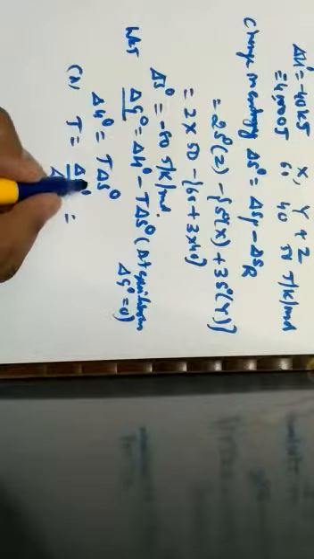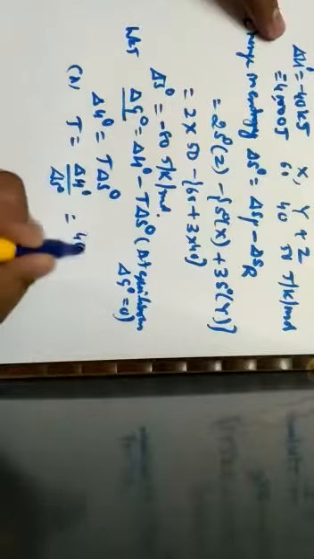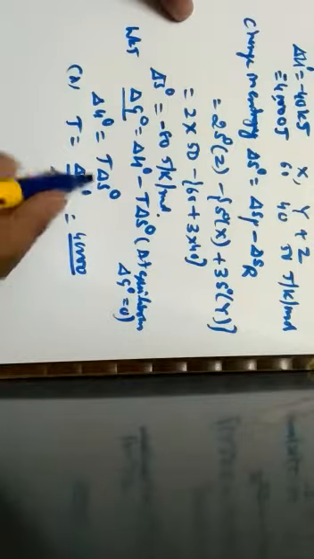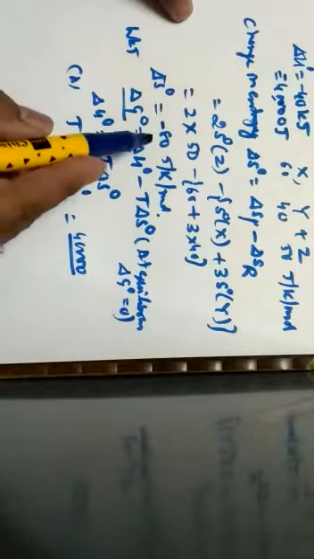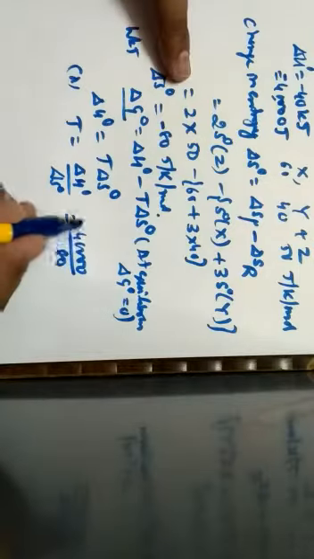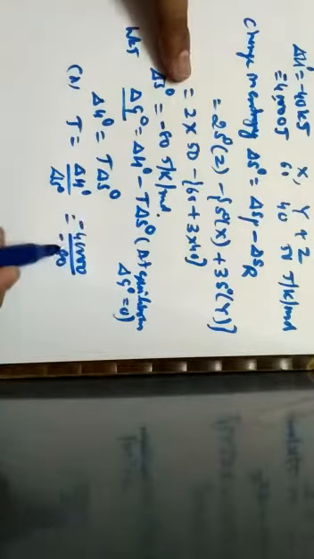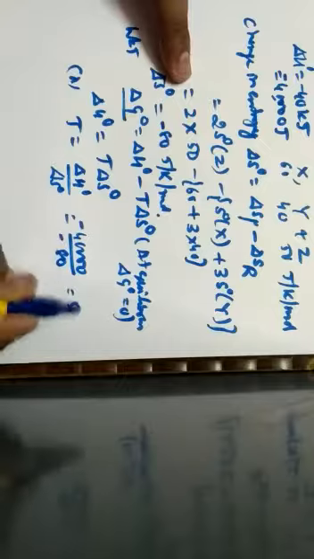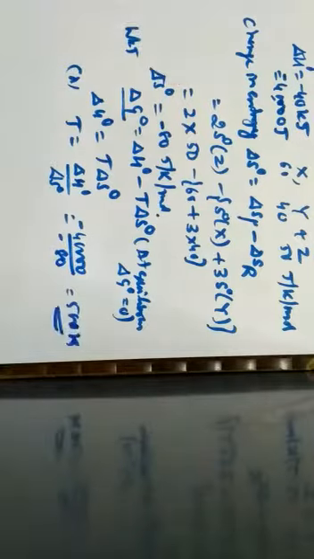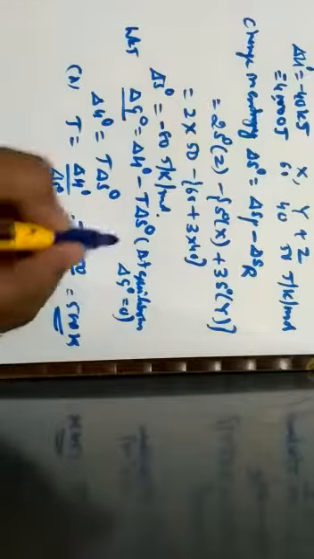The value of delta H naught is given, which is nothing but minus 40,000 joules, divided by delta S naught, which we have calculated as minus 80. Both are with a negative sign, so minus minus gets cancelled. This comes out to be 500 Kelvin, and this 500 Kelvin is given by option B.